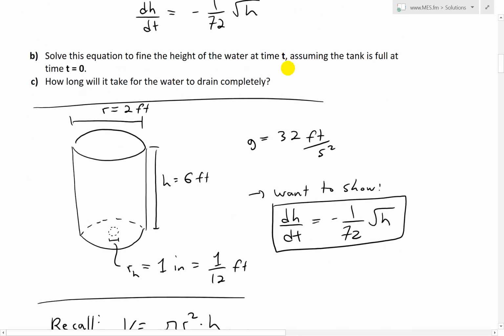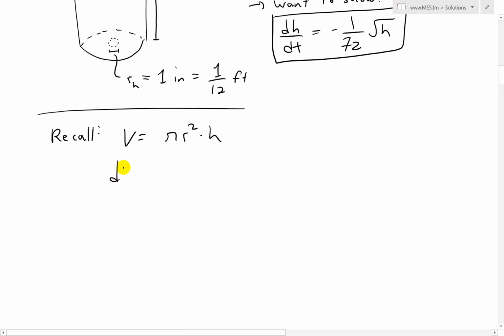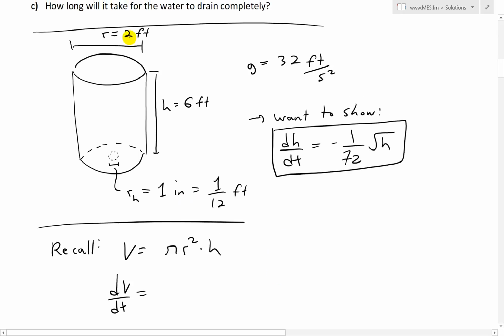So you could just take the derivative here. We're going to take the derivative in terms of time. So when we take the flow rate dV over dt of this one here, the radius is constant because it's always the same wherever you have the water. Let's say you have the water like that.